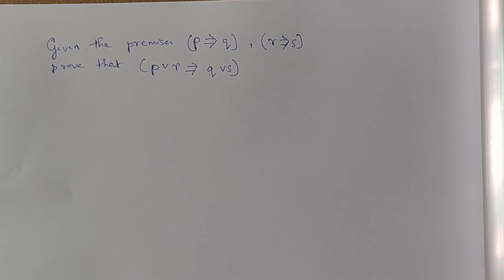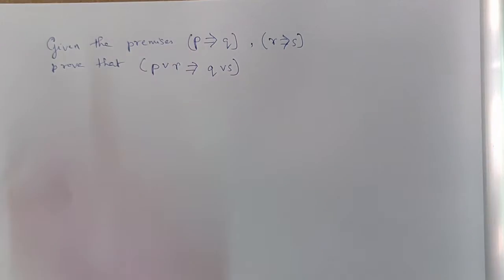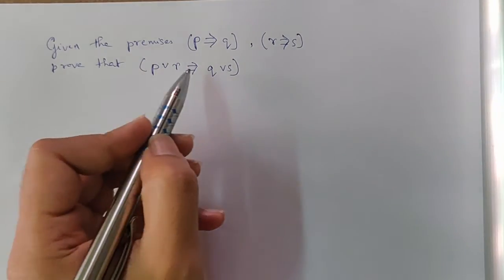So let us see how a computer will approach. What is the computational approach? The computational approach is the principle of resolution refutation. How will we do that? First we will have to convert the premises into clauses.